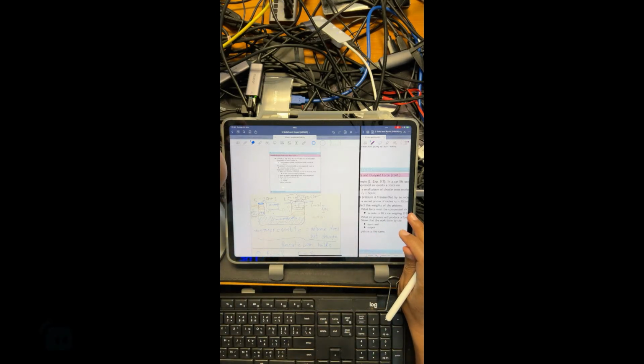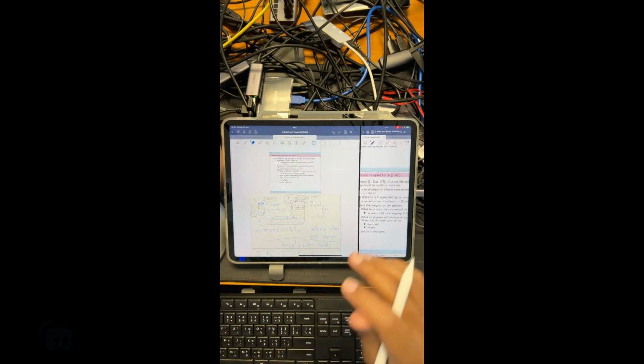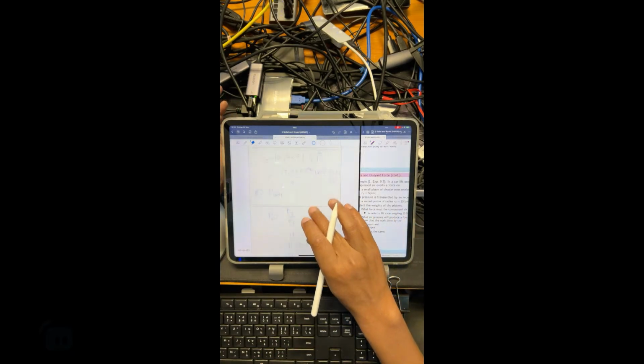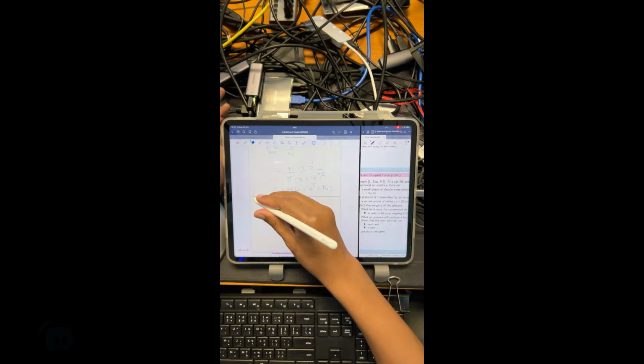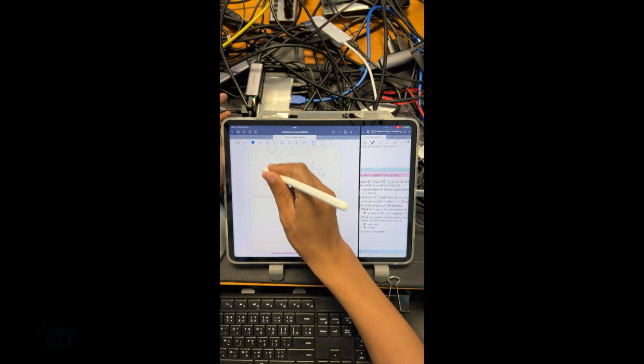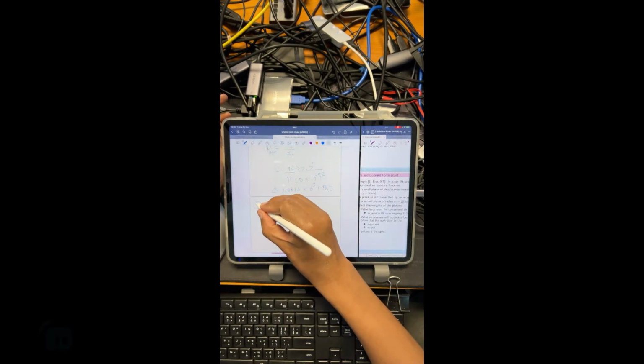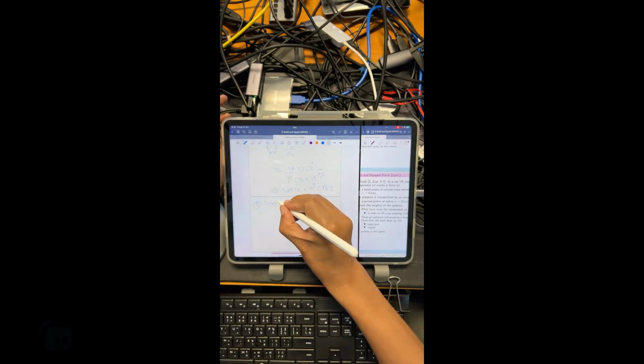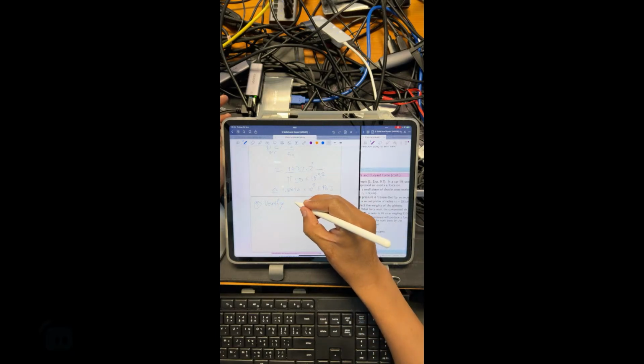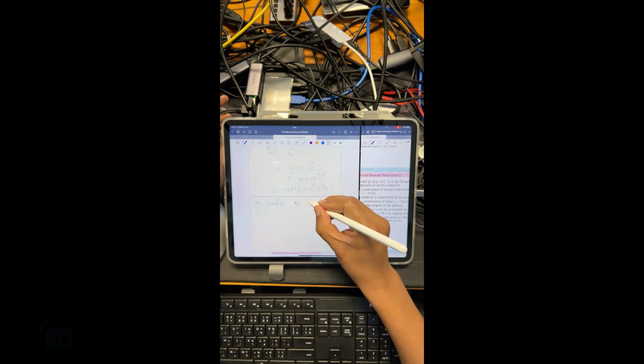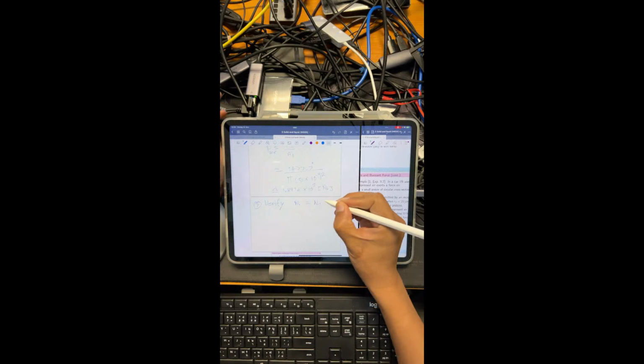Okay, we have to verify that W1 on the left side equals W2 on the right side. Okay, now how could we do that?